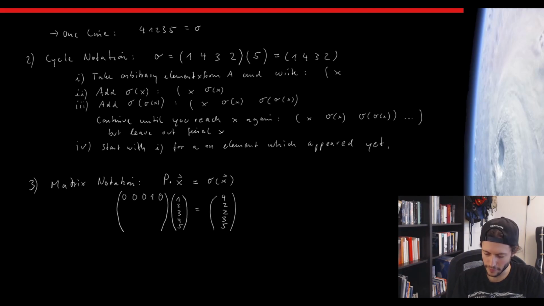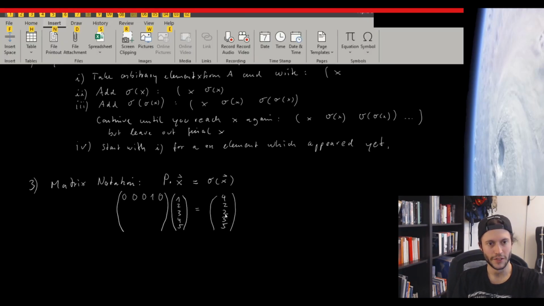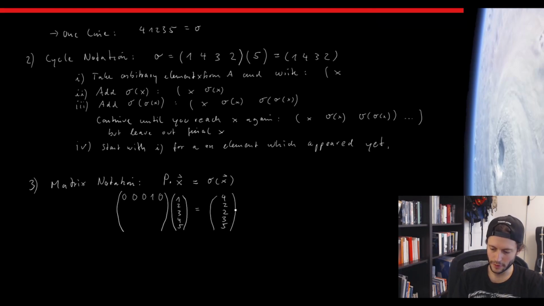Oh, I made a mistake in the image vector here. 3 gets mapped to the 2. 2 gets mapped to the 1, obviously. Mi scusi. Okay.